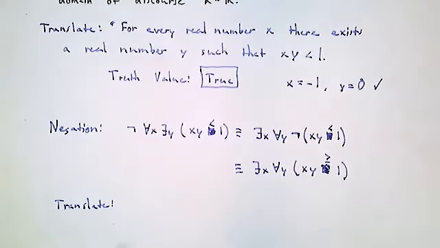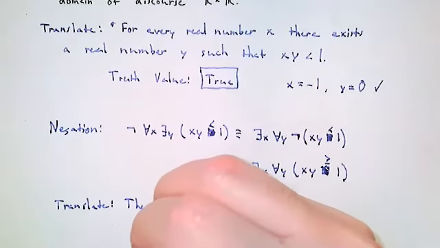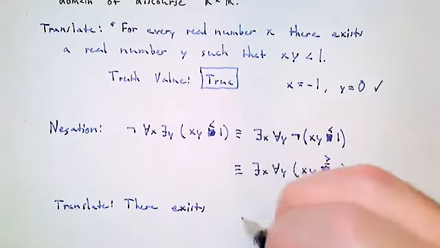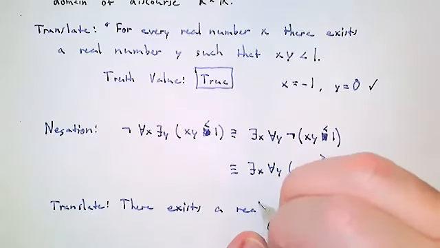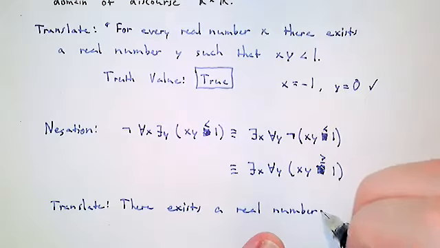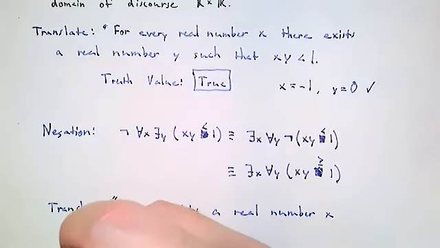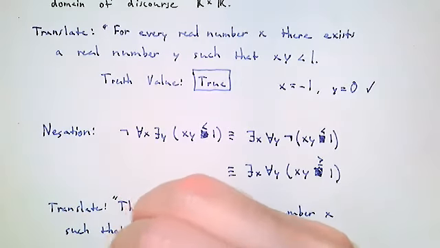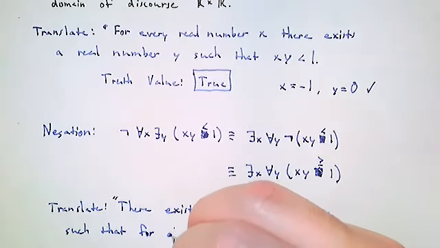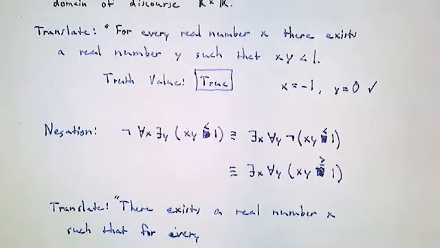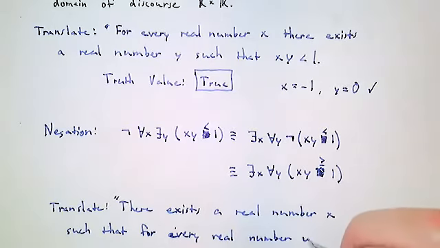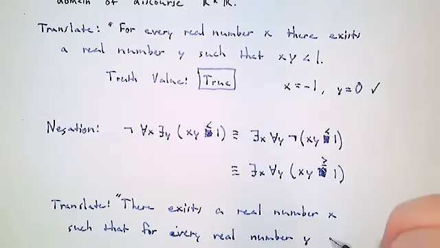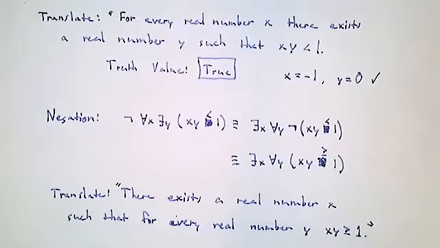So now we're saying there exists a real number x such that for all real numbers y, or for every real number y, whichever word you prefer, and then the inequality x times y is greater than or equal to 1. So is this one true or false? What's the truth value?